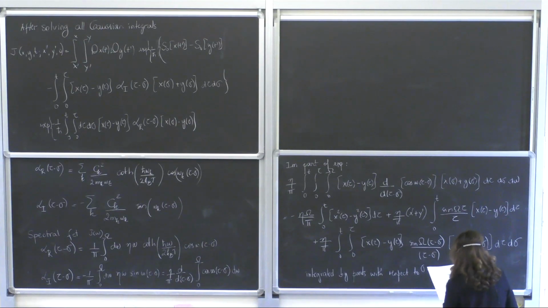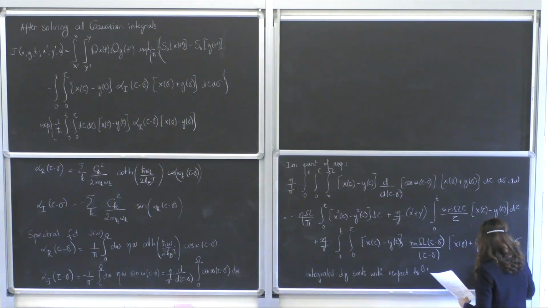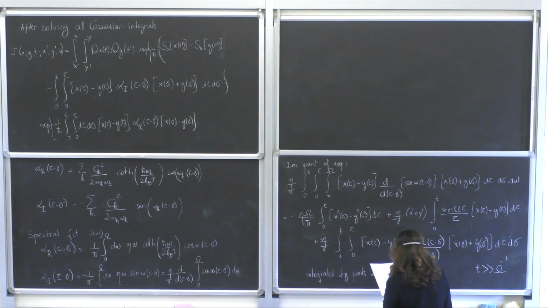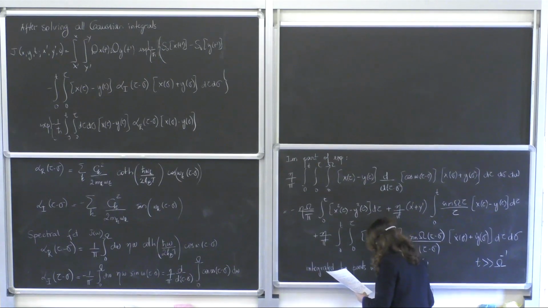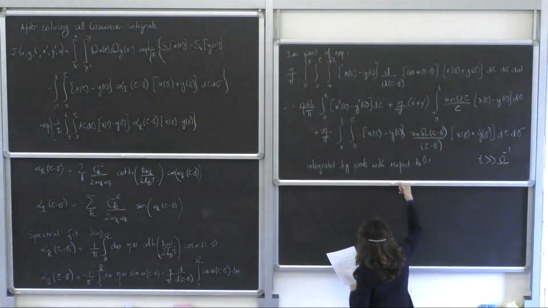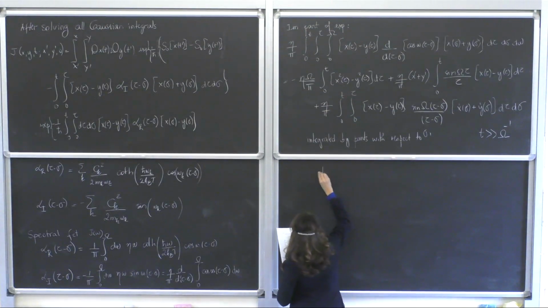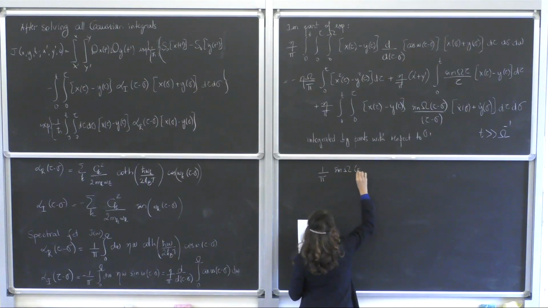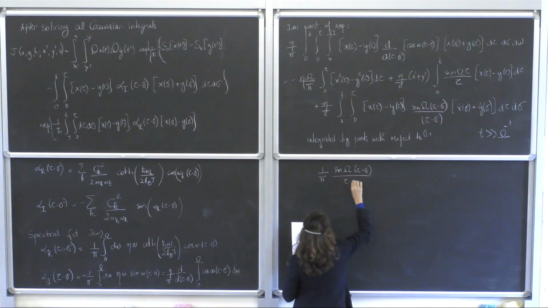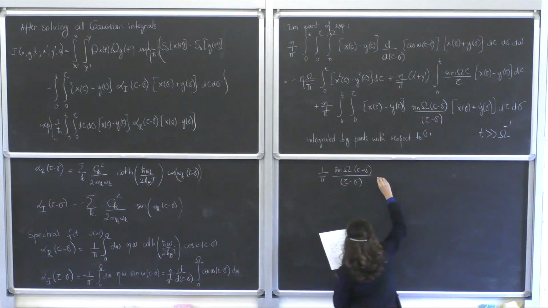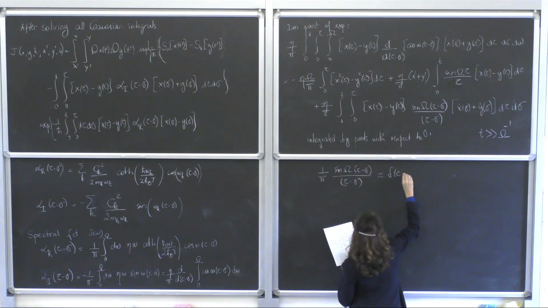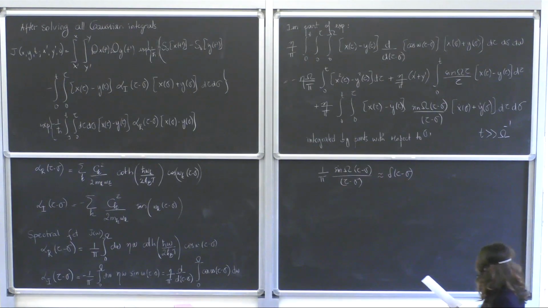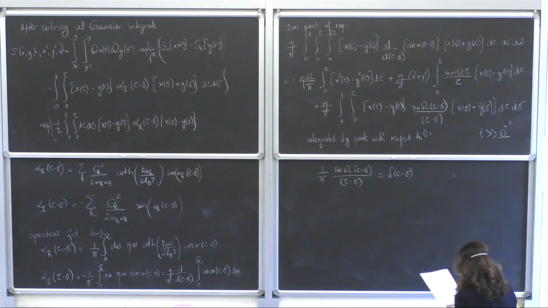Now, if you think that T is much larger than omega minus 1, so you can push your omega to infinity, you can approximate that 1 over pi sine of omega tau minus sigma over tau minus sigma by a delta of tau minus sigma. Okay, this is one of the representations of the delta function.